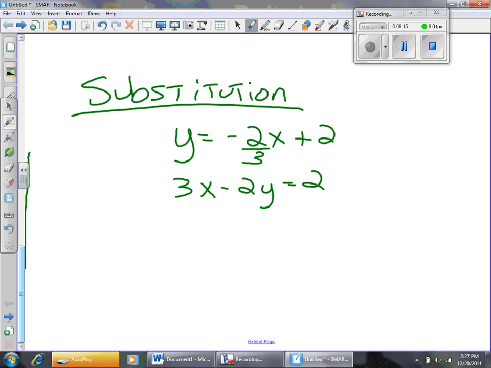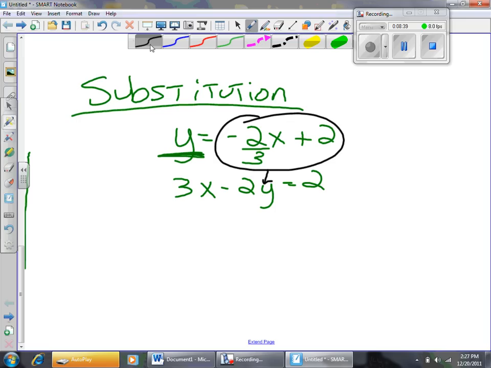Now, if I do this by substitution, remember, in substitution, I want to get one of the variables alone. I check all the variables and look for the one that's the least amount of work. Well, it's already solved for y in the first equation, right? Okay, so here's what I'll do. I will take this and put it in for y in that equation.